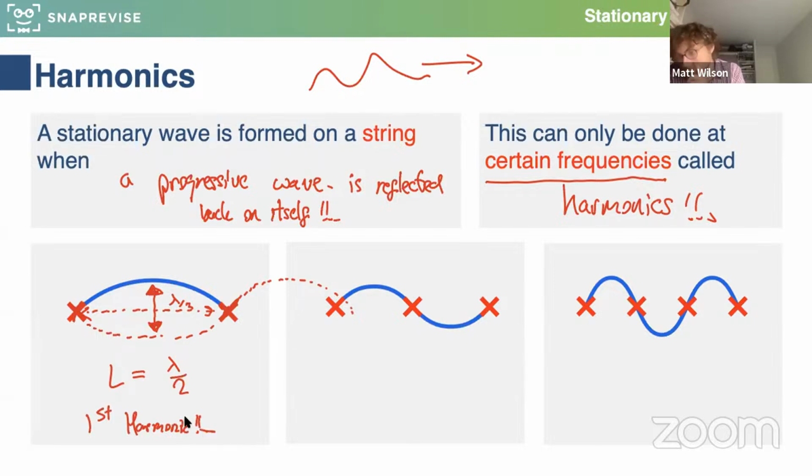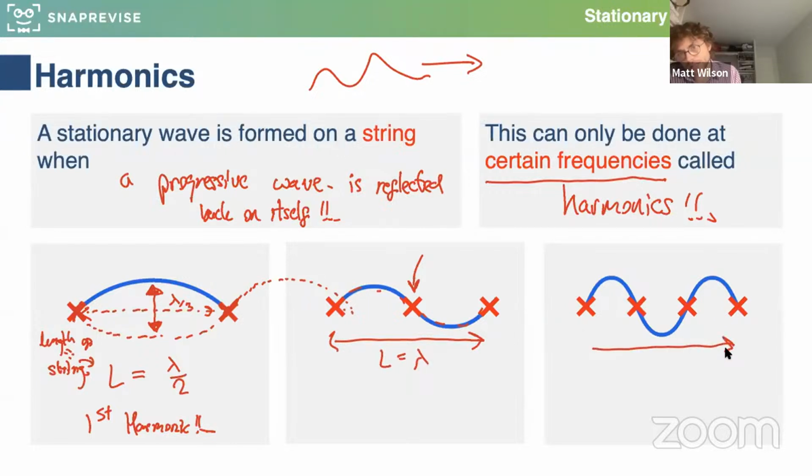Okay. Now what we can do is just add in one more node. And we've added that one more node in the middle here. Now, if we look, it looks like we fitted a whole wave on the string. So in fact, the length of the string, sorry, I didn't say this, L I'm using to mean length of string. This time we have the length of the string again, and this time it's going to be equal to its whole wavelength. And here we've just added in yet another.